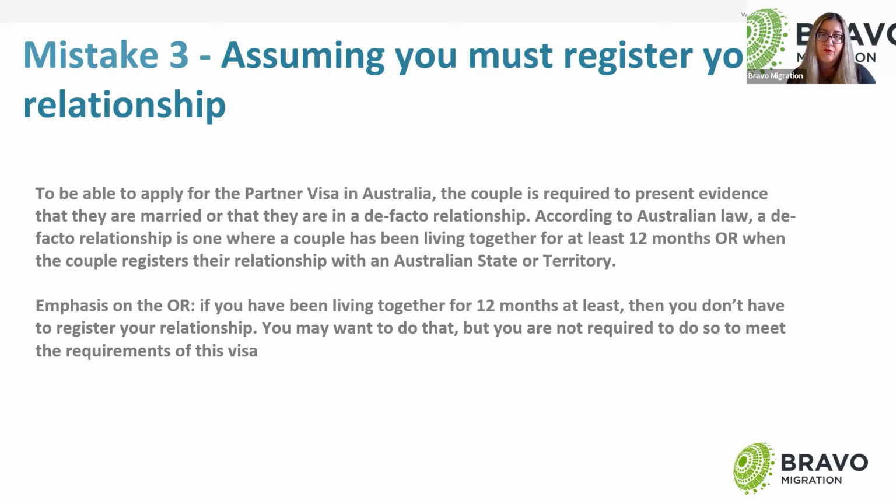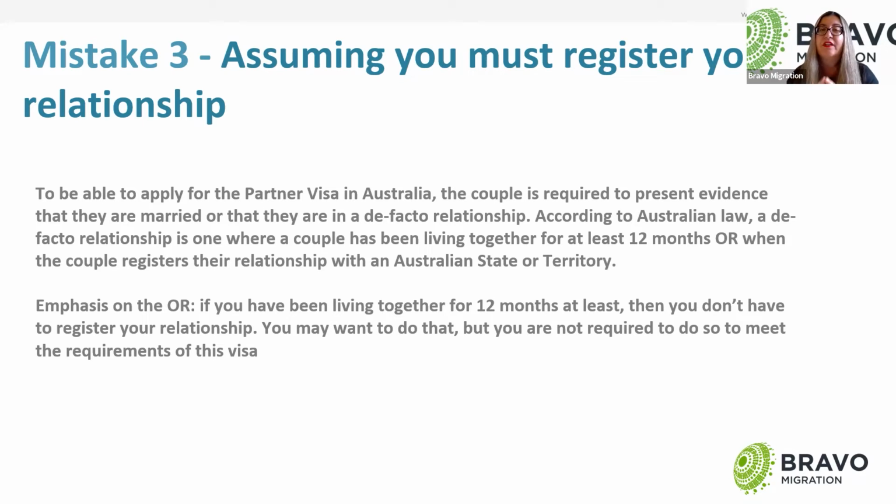And then we go, right, how long have you been living together? And people go, we've been living together for a year. So in that case, that couple doesn't have to register the relationship. We're not saying you shouldn't, but in a lot of cases, you don't have to.